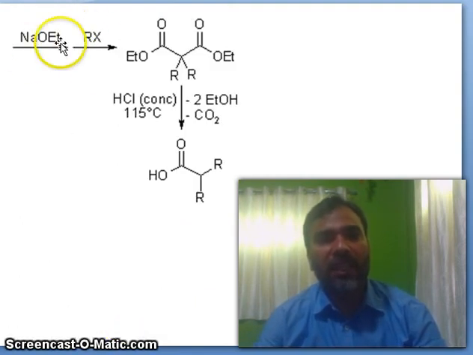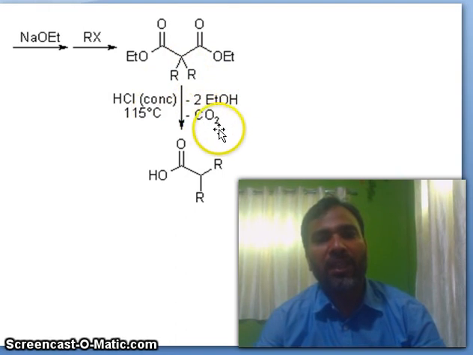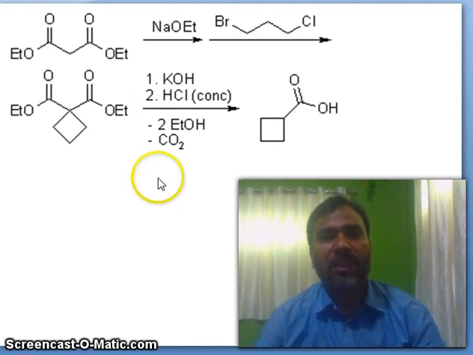And if you further react, because hydrogen is already there, with alkyl halide, it is disubstituted, and on subsequent hydrolysis and heating, carbon dioxide is removed and the disubstituted carboxylic acid forms.